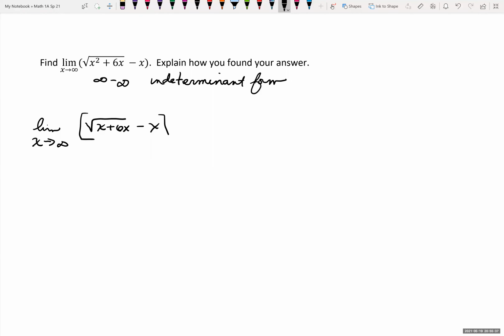So multiplying this by some fancy 1 to make this a rational function. Let me just do it the other way. Let's multiply by x, the square root of x squared plus 6x, both in the numerator and the denominator.